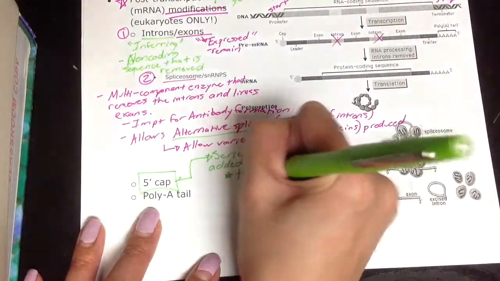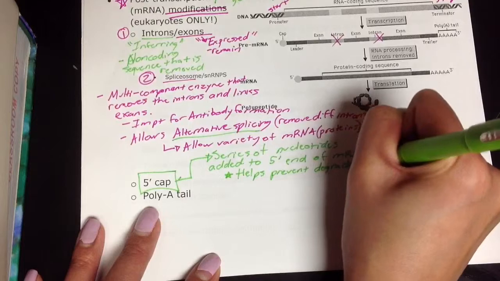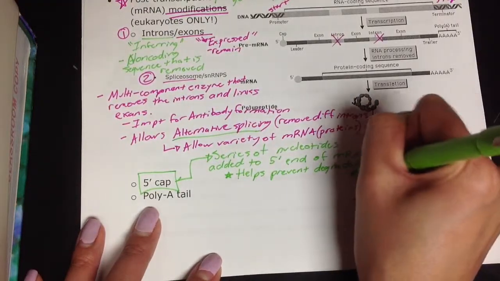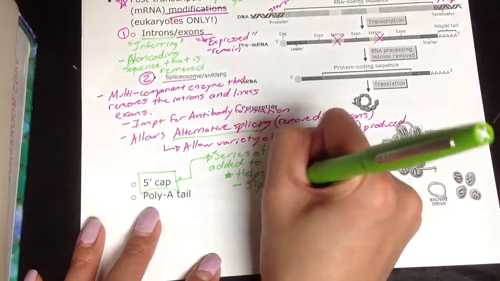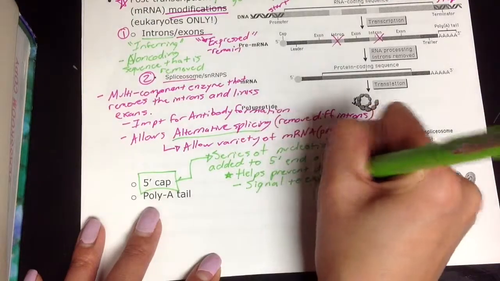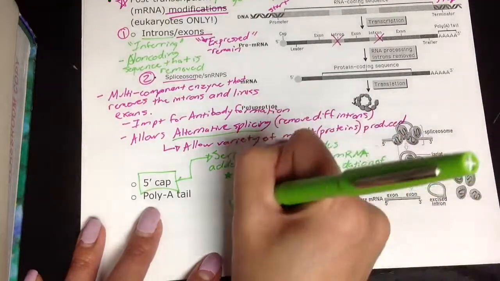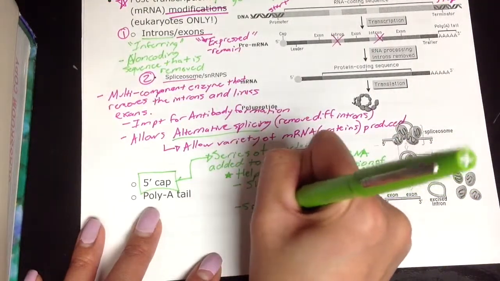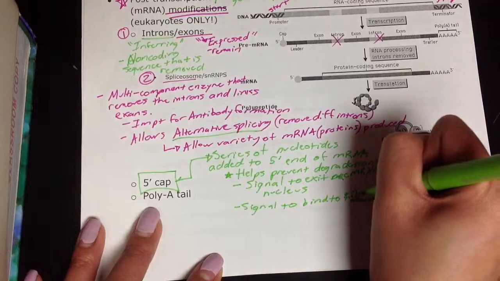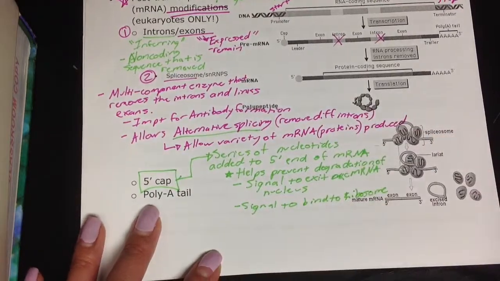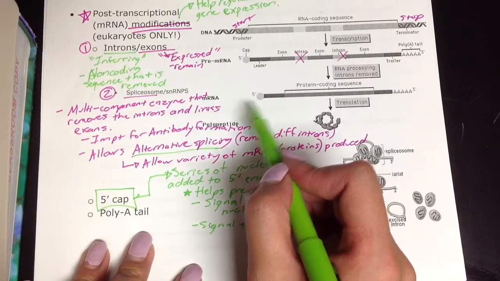This actually helps prevent the degradation of the mRNA, so it helps prevent damage to it. It's also going to help signal to exit the nucleus. It also helps signal to bind to our ribosome. Okay? So our 5' cap is basically like the leader, the cap versus the tail.